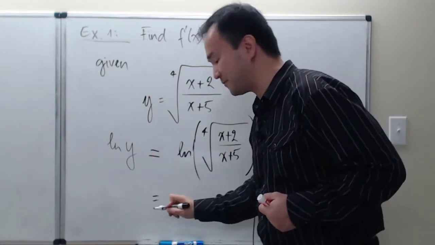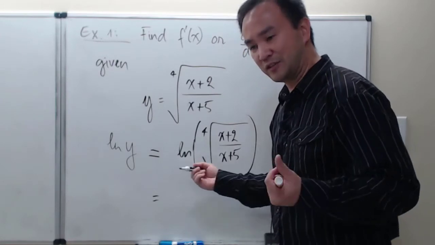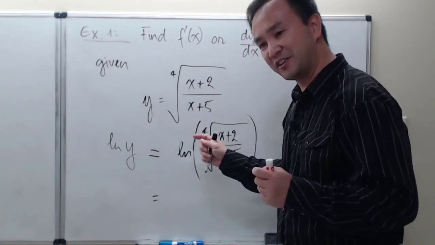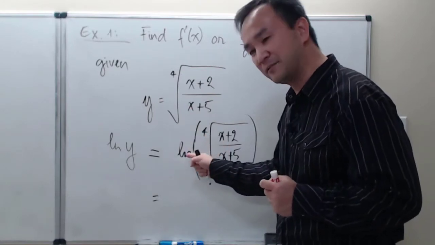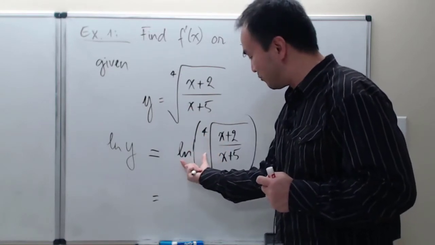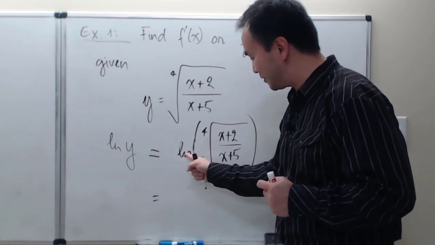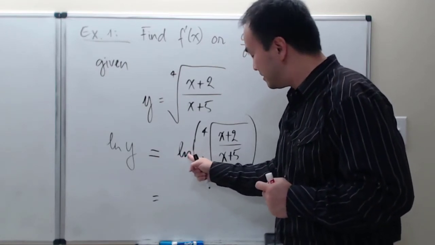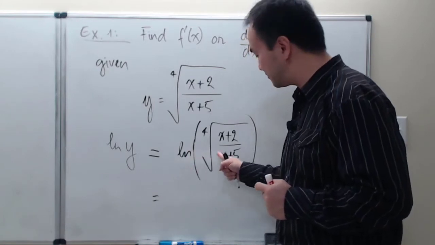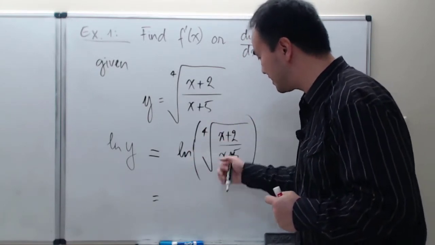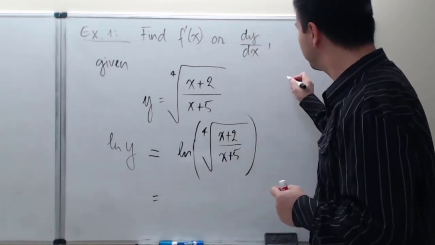Recall from the lecture where I was specifically teaching about how to find derivatives of logarithm functions. Briefly, somewhere at the end, I briefly reminded through a few examples that with logarithms we can manipulate the algebra of logarithms. So now the fourth root here can be regarded as a power 1/4.